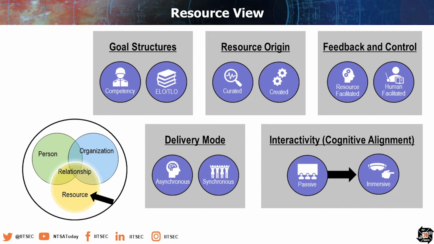The classical instructional systems design paradigm uses what we call learning objectives, and those are tiered into a hierarchy of enabling and terminal learning objectives that are then arranged into modules and courses and phases and things like that. But one of the things that we have done a lot of research with is looking at competencies.